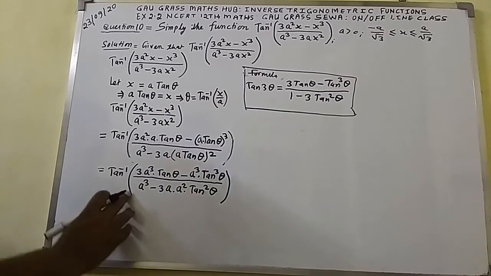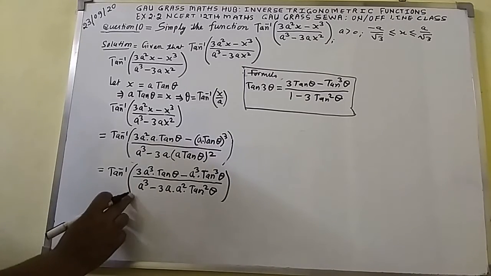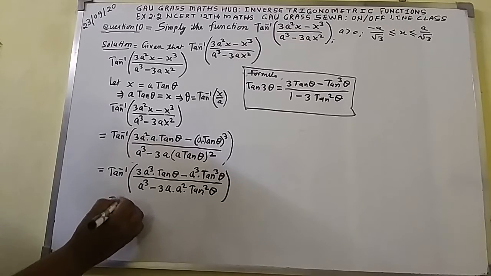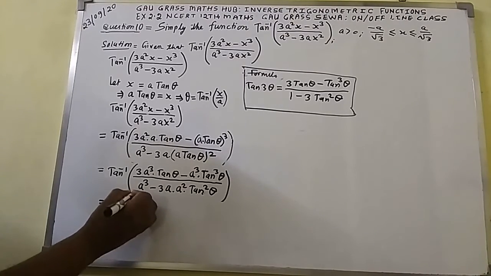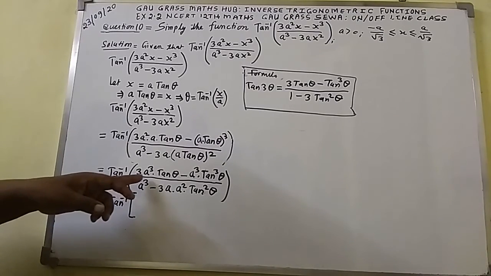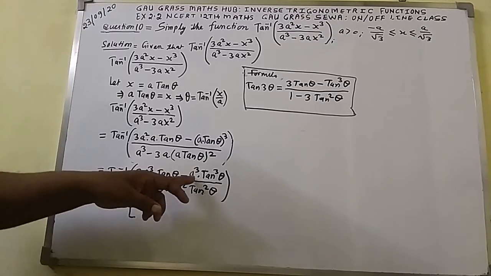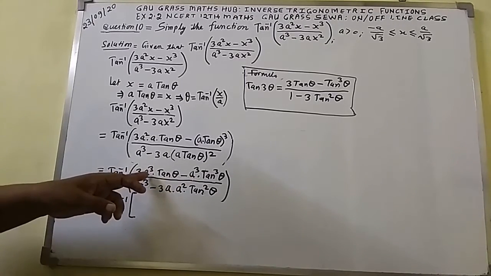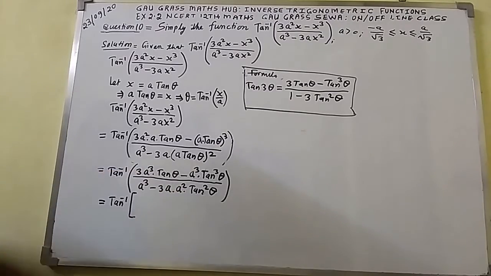And now further you simplify here. Tan inverse, here write square bracket. So here you can see in first term a cube and here a cube. So take here a cube as a common.